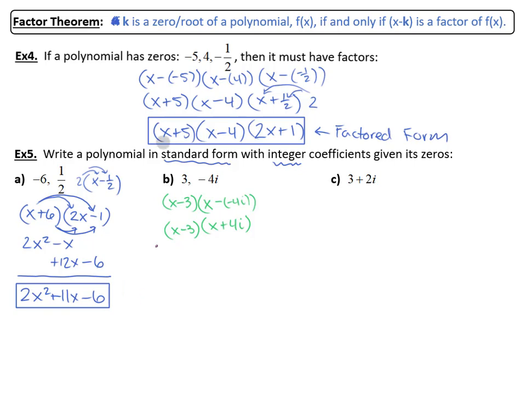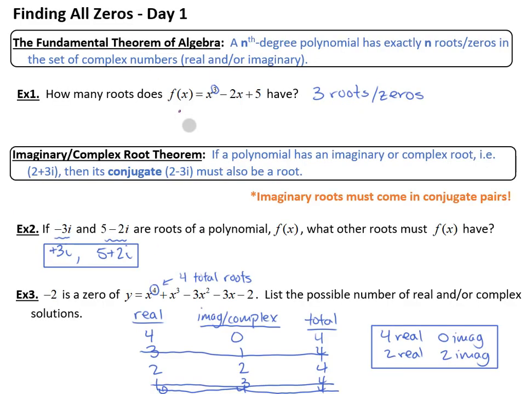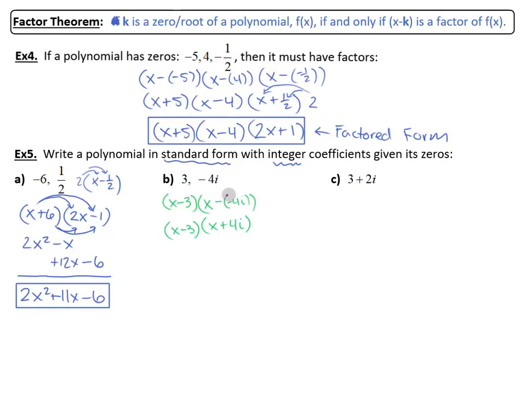But I got to go back and remember that complex root theorem says those imaginaries only come in pairs. So if negative 4i is a 0, even though they didn't list it, we have to know positive 4i, its conjugate, has to be a 0 as well.